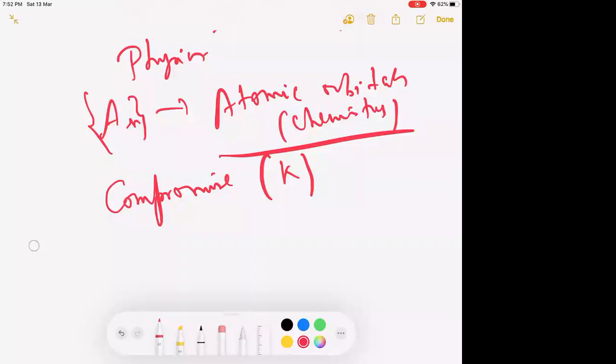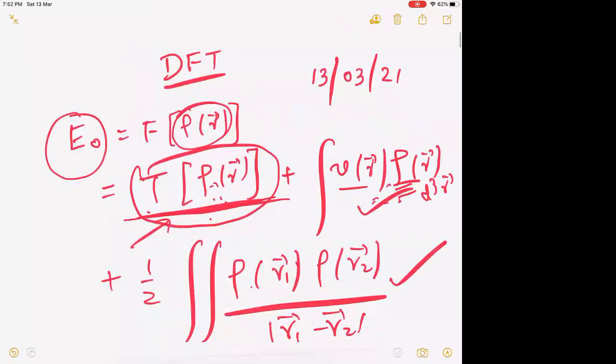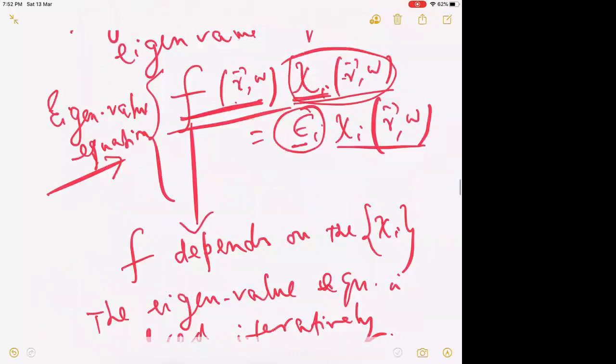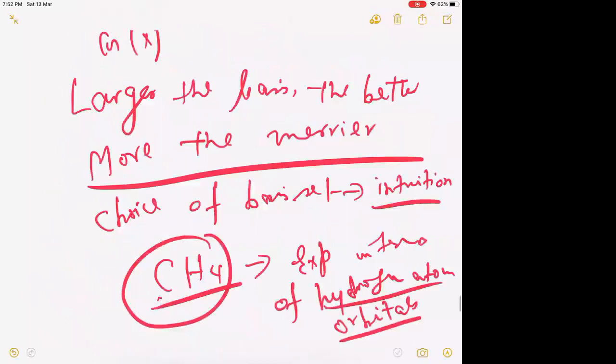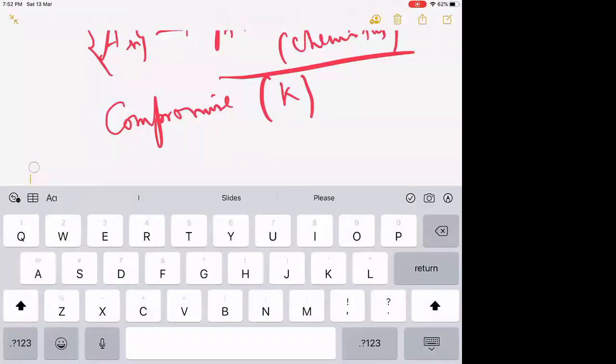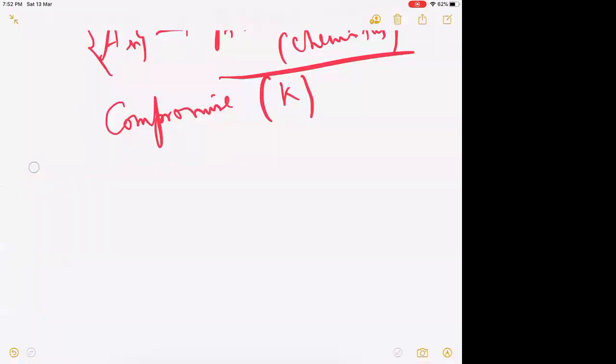So let me now describe how you do the atomic orbitals. What kind of atomic orbitals? I can take the example of methane and continue. If you want, I can take a simple example first, maybe a diatomic molecule.